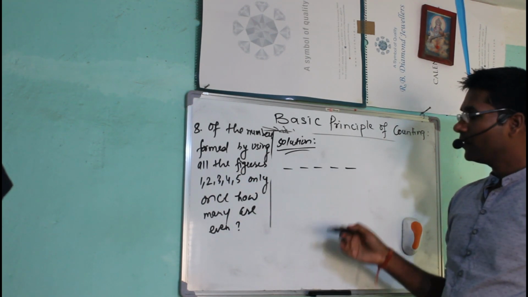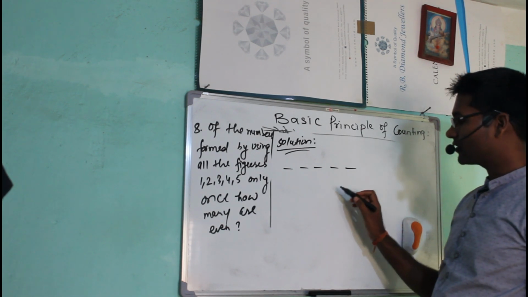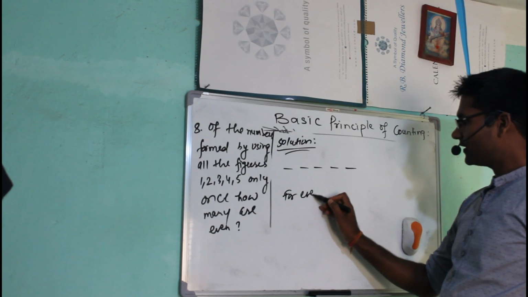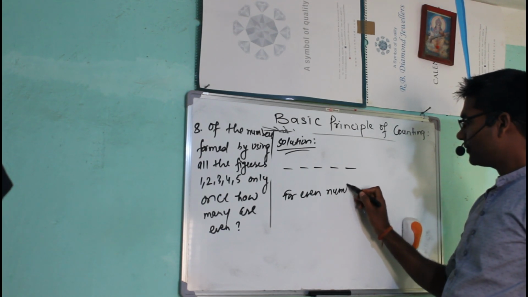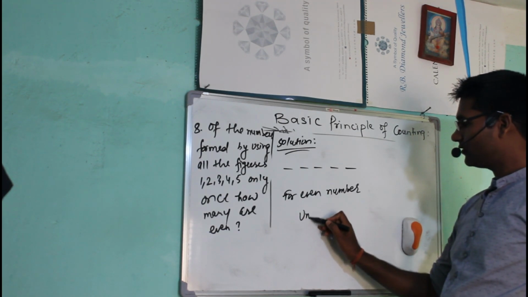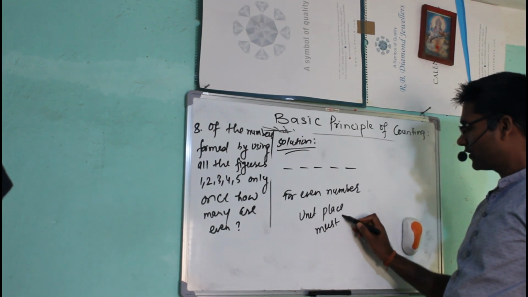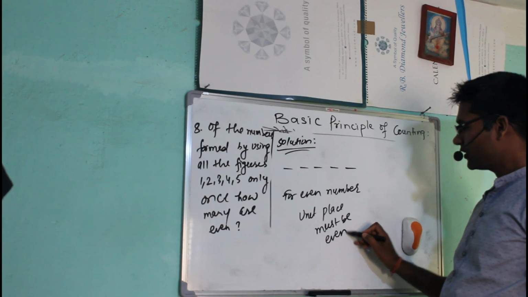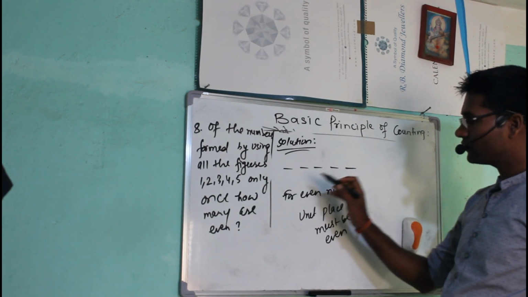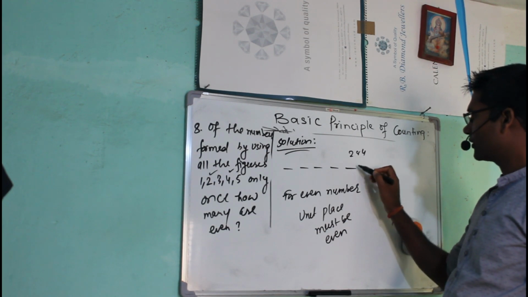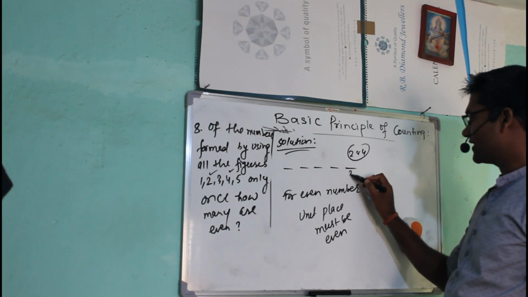But we have to get only even numbers. For an even number, the unit place must be even. So for the unit place there are only 2 choices: 2 and 4.